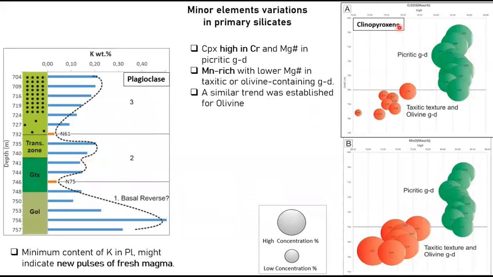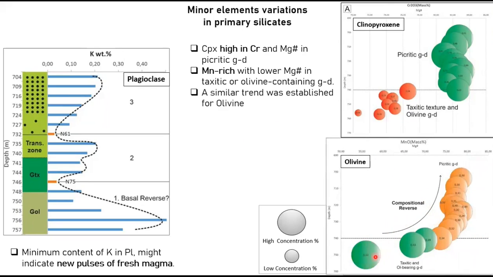Additionally, for clinopyroxene, we can see that in picritic gabbro-dolerites, these are more chromium rich compared with taxitic ones, and in the lower units of taxitic and olivine gabbro-dolerites, these are more manganese rich compared with picritic ones. A similar trend was found for olivine, with more evolved compositions at the bottom in taxitic rocks.